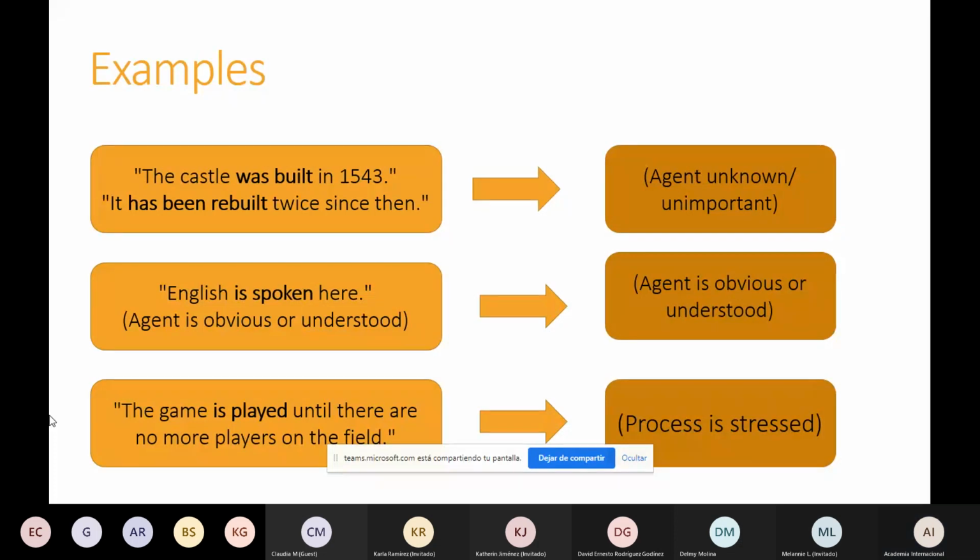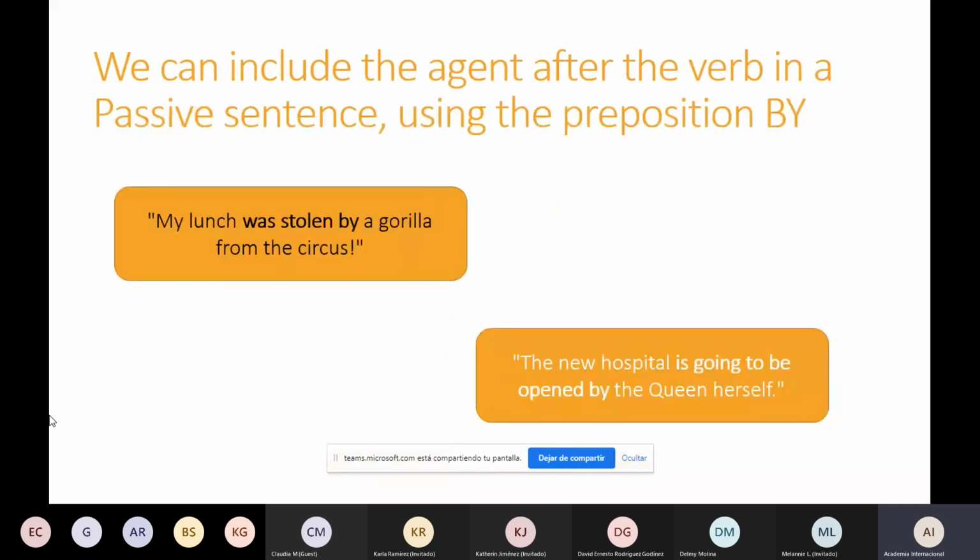Pero, ¿qué pasa si lo queremos mencionar? Bueno, es correcto mencionarlo y también es permitido, pero acá cambia un poquito la estructura y cómo podemos añadir al doer, al hacedor. So we can include the agent after the verb in a passive sentence using the preposition by.